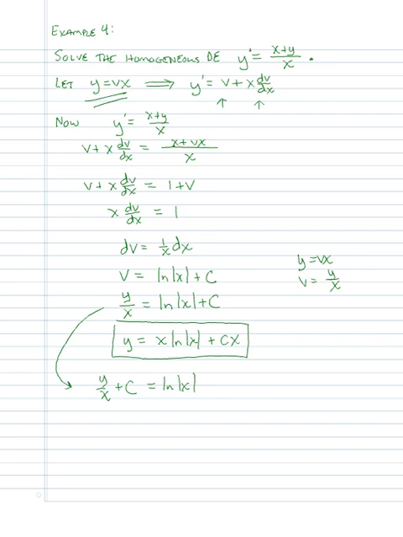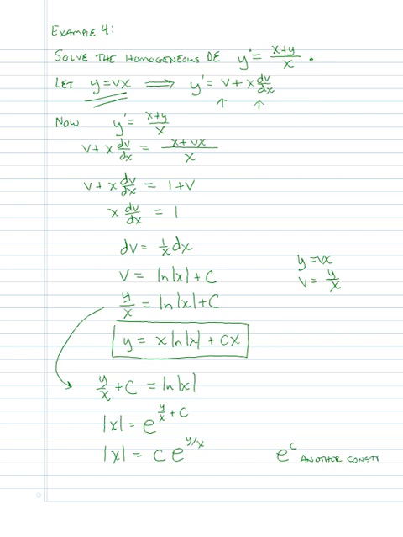And anytime we have the natural log of something is equal to, that means e to the other side. In other words, from what we have here, we can gain that the argument absolute value of x is equal to e to the power y over x plus c. And then we've seen this before, that that's nothing more than c times e to the power y over x. Because after all, e to the power c is just another constant, okay?